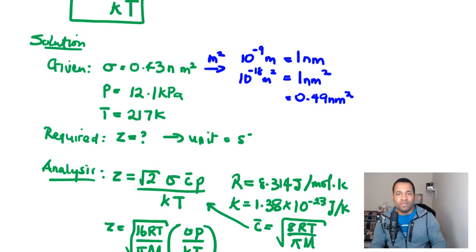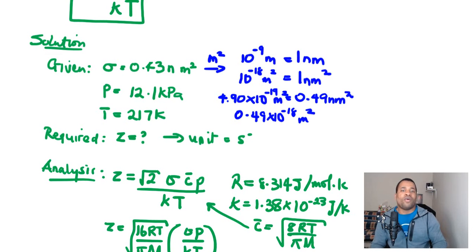Therefore, we are going to multiply this number 0.29 by 10 to the power of -18, and we're going to have our new expression for our cross-sectional area to be 4.90 times 10 to the negative 19 meter squared, or you can express this as 0.49 times 10 to the negative 18 meter squared.